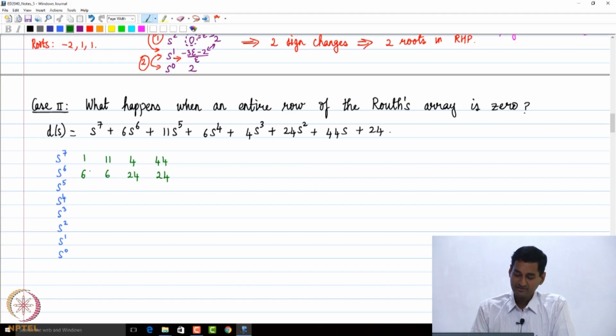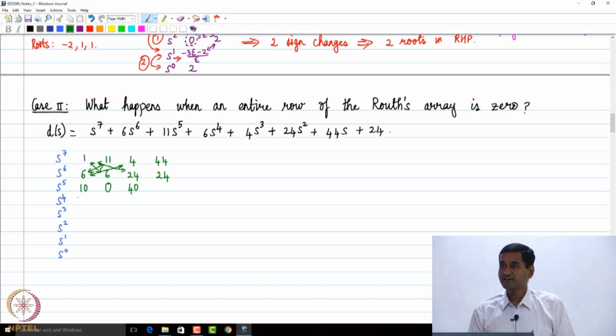I multiply 6 and 11, subtract 6 times 1, divide by 6; that gives 10. Next entry, I multiply 6 and 4, subtract the product of 1 and 24, divide by 6; that gives 0. Then I multiply 6 with 44, subtract the product of 1 and 24, divide by 6; that gives 40.